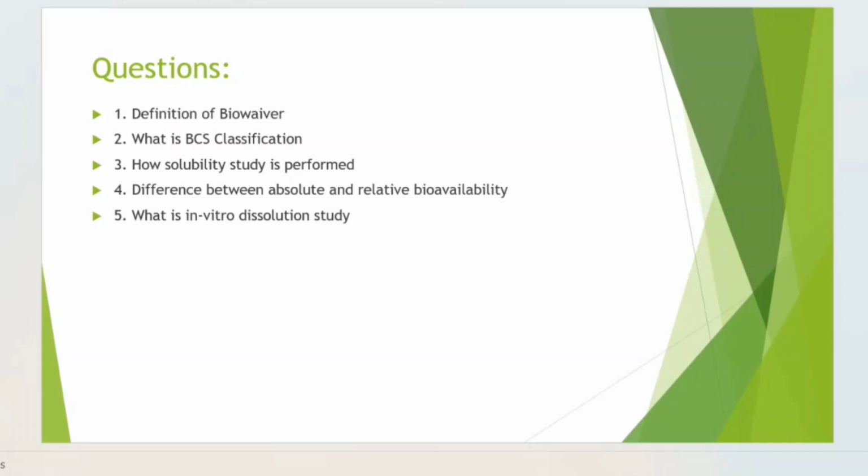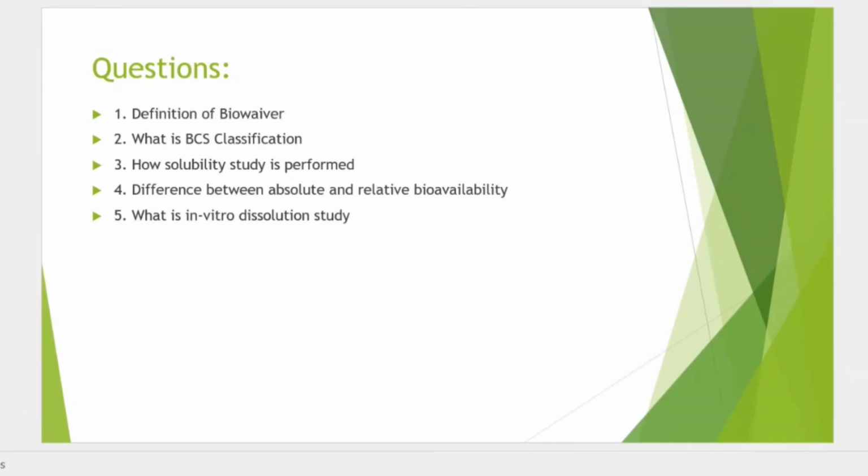And what is the difference between absolute and relative bioavailability? Yes, anyone? Absolute bioavailability means comparison between the orally administered drug and intravenous drug administration.